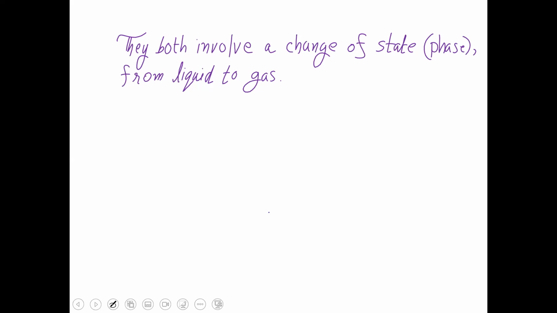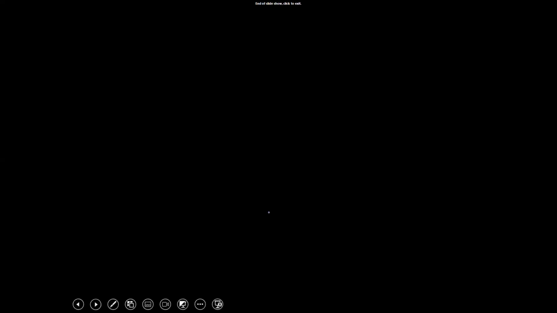So evaporation and boiling have one thing in common. They both involve a change of state.